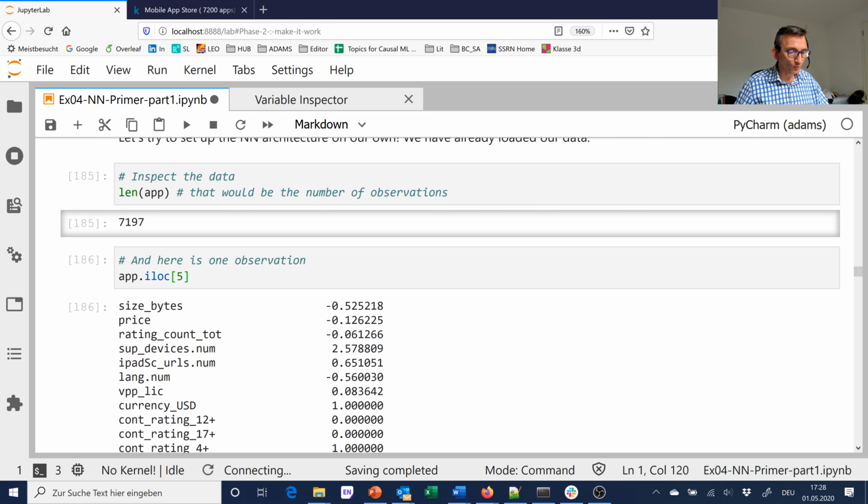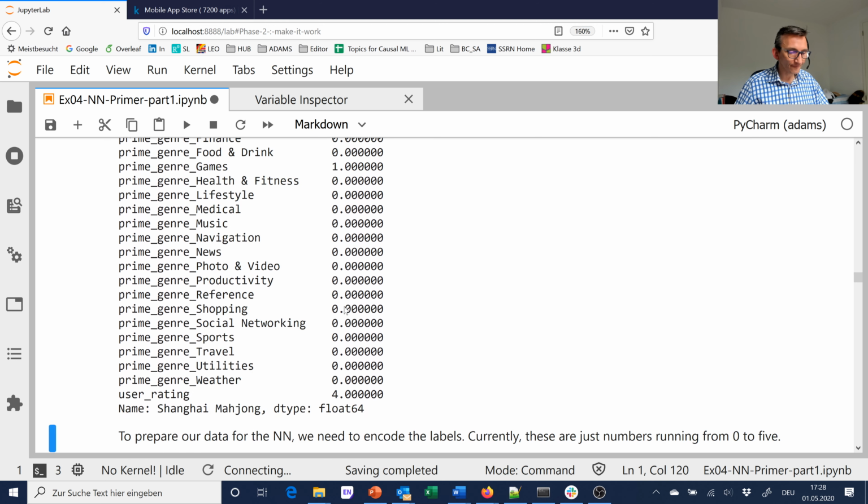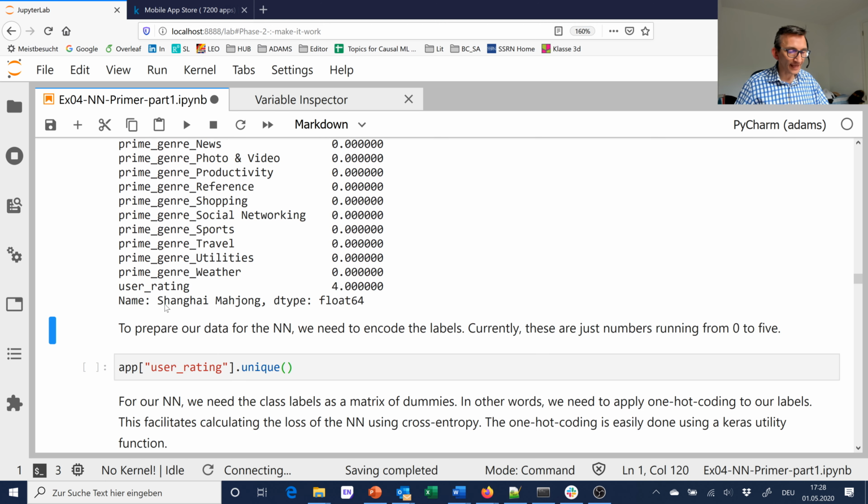That would be one app. We have the covariate values, its price, $1. And actually that's Mahjong. I'm sure you know that app. And we do see that this app got a user rating, which is our target, of 4, as most of the apps in that data set.